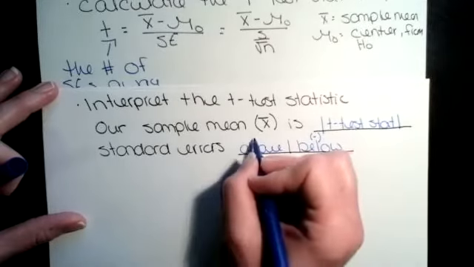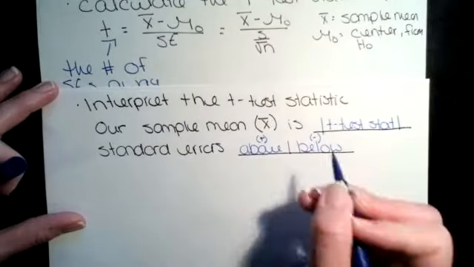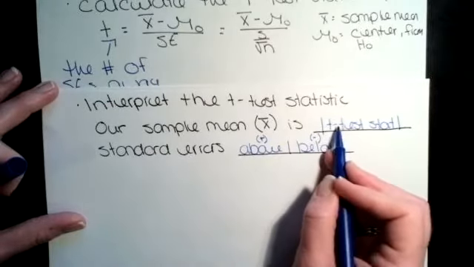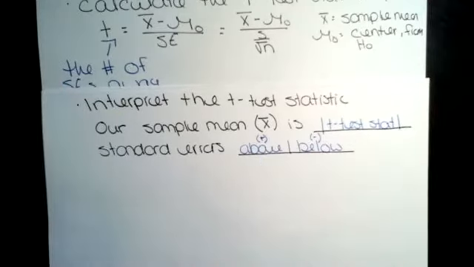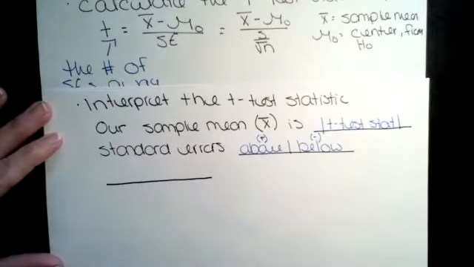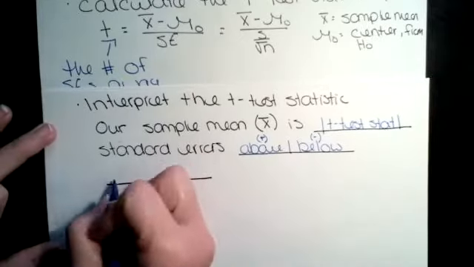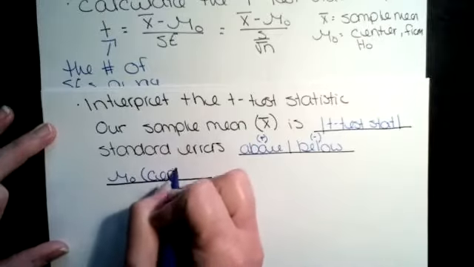And if it's positive, it means it's above the center. So I address that positive or negative. So I just write it as a positive up here, but I address that right down here. We're saying above or below, and I'm going to put my center of my curve. So I'm going to write mu naught and then center.